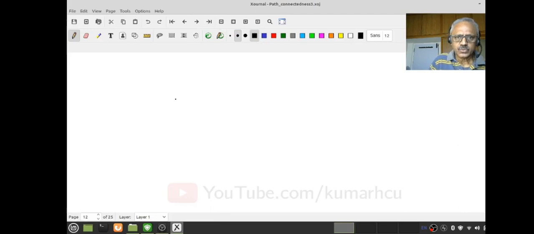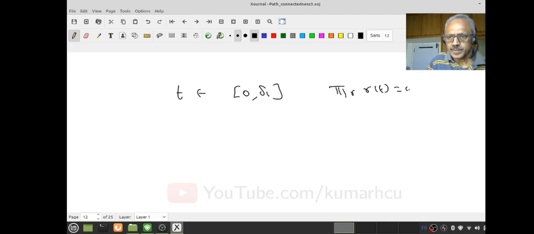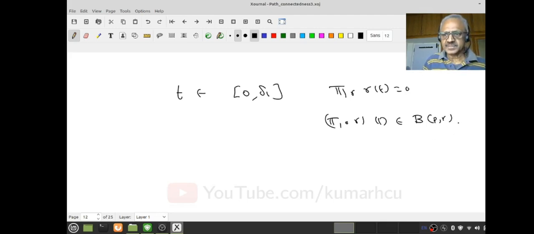Okay, so what we saw was for t in [0, delta 1), pi 1 composite gamma of t is 0. But remember gamma of t lies in B P of R intersection the set.